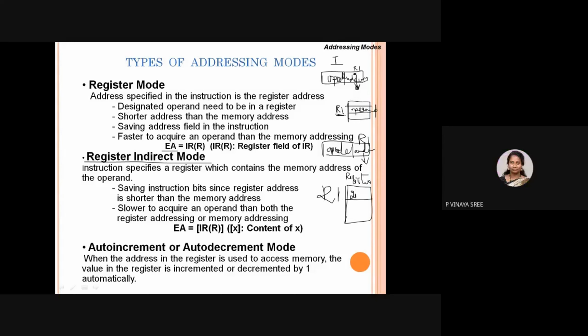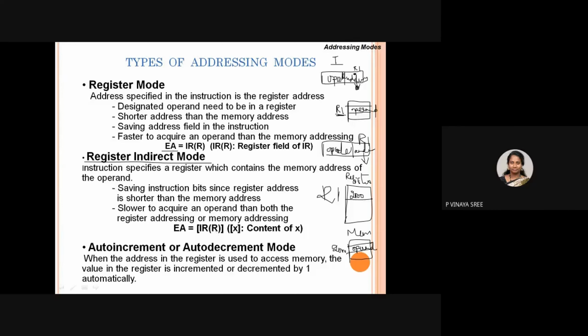Let us consider it is 2000. Next, the effective address is R1... memory. Yes, memory. So we need to go to memory. Inside the memory, you will be getting the 2000 address. Inside that address, what will you get, an address or an operand? Operand. Yes, operand.